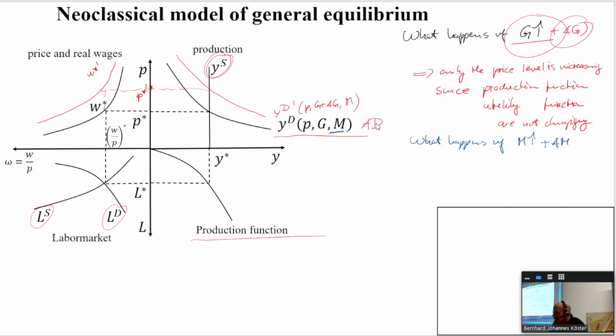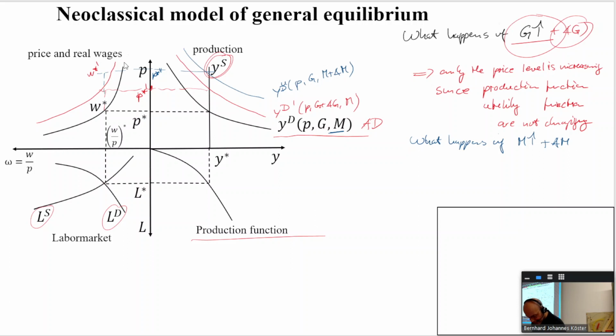For this also, we derived that if M is increasing, we have a shift of our AD curve, now depending on the higher nominal level of money. So Y double prime D of P, G, and M plus delta M. And again, let's say then it would be somewhere here.